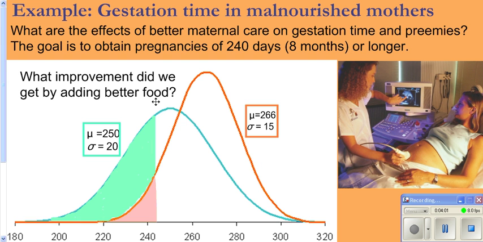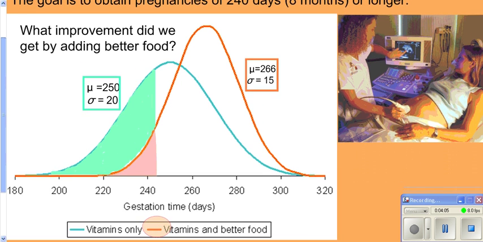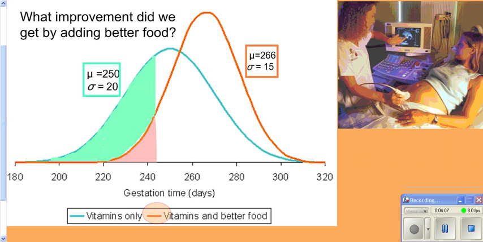Now, the doctors know that vitamins help improve the chances of making it to at least 8 months. The question is, does adding a better diet along with the vitamins increase your chances of not having a preemie baby, of making it to that 8-month window?